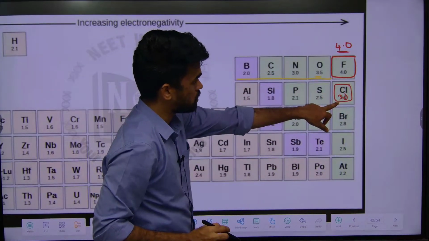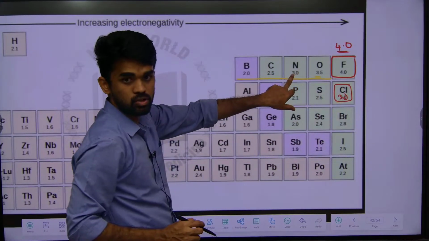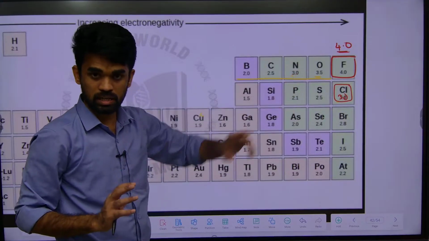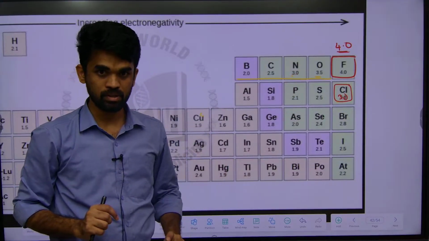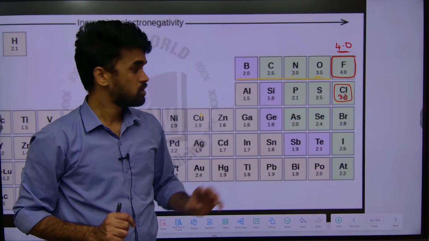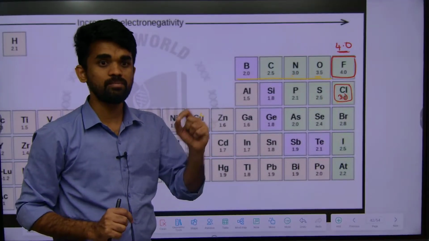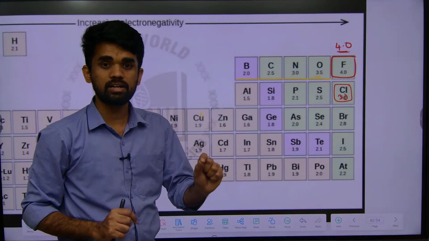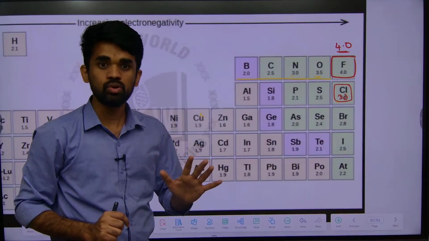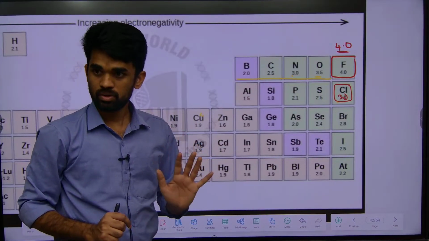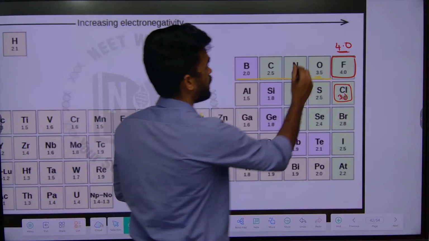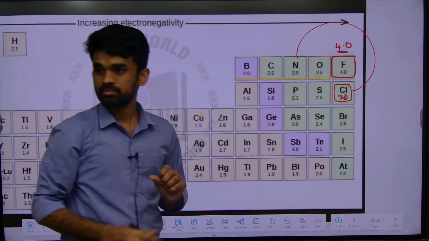Now 3.0 is chlorine as well as nitrogen. There was a statement question in NEET 2026 first paper, not re-NEET. They asked: both nitrogen and chlorine on the Pauling scale have the same electronegativity value. Is it a true or false statement? True statement only. So like that, based on observation only they made it.